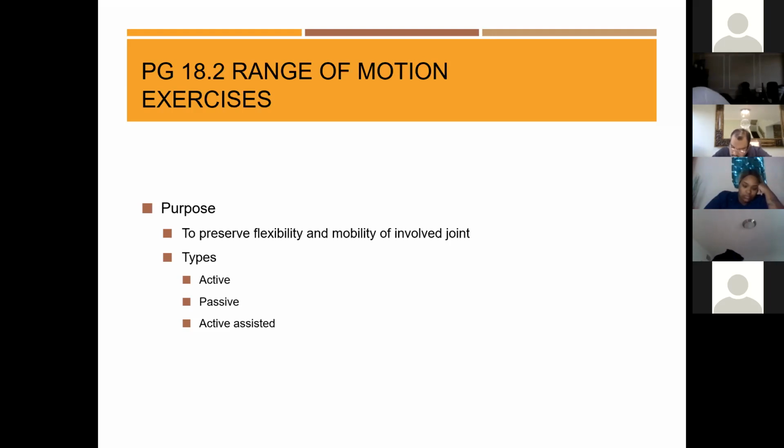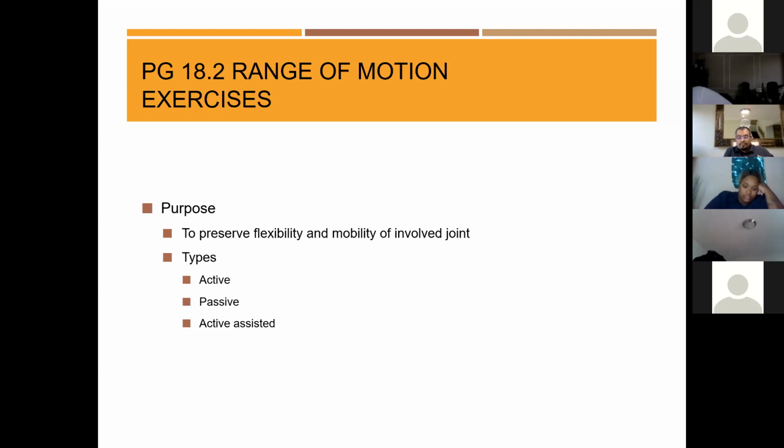Because your patient cannot do it, okay? And if it's active assisted, your patient can assist you, but they need a little bit of help to complete those movements, right? Like she can move her arm, but she's not quite able to get her wrist to go in the circle. So you just have to kind of help her out a little bit, okay?